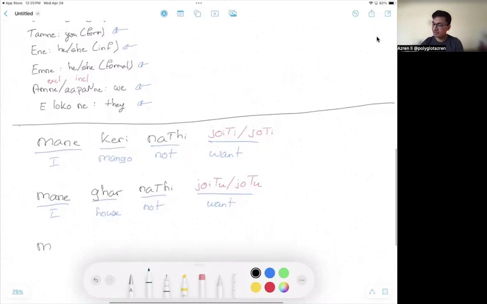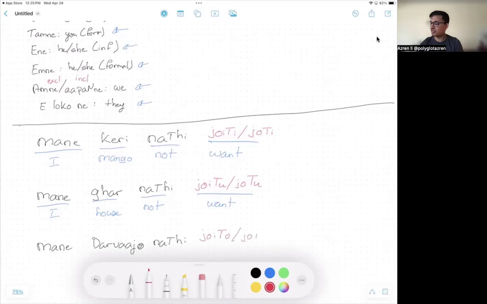Let me show you another one. Let's say someone knocks on your door and they're a door salesperson. They sell doors. And you're like, nah, I don't want a door. I already have a door. મને દરવાજો નથી જોઈતો.